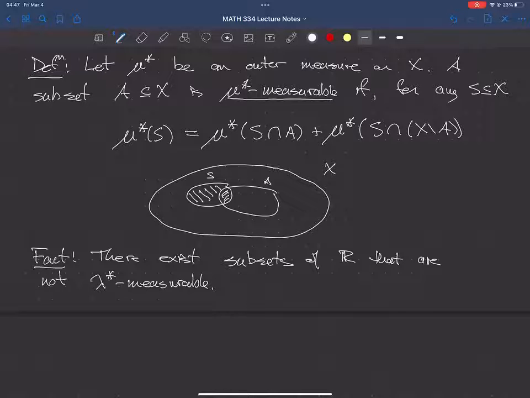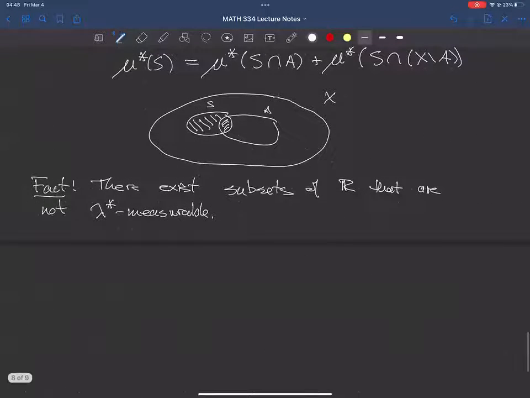It's hard to understand, but it's not that hard to construct them, provided you think carefully enough about the set theoretic axioms that you adopt here. And there's a very bizarre circumstance that arises about non-measurable sets, and I'll talk about this later on. But I'll get to that when I get to it. So there exist subsets of R that are not Lebesgue measurable.